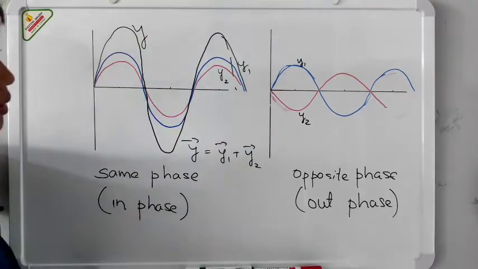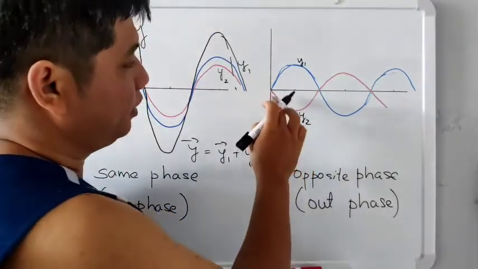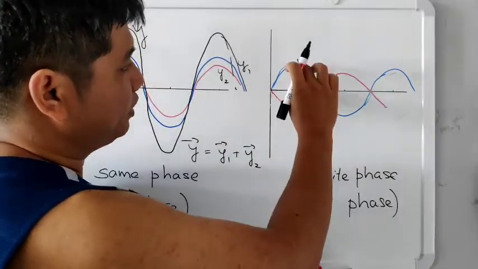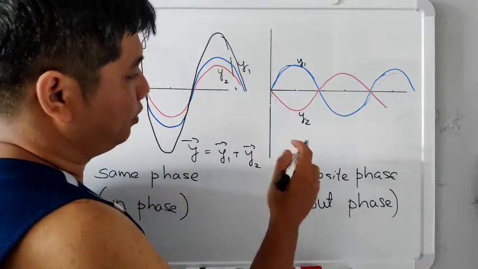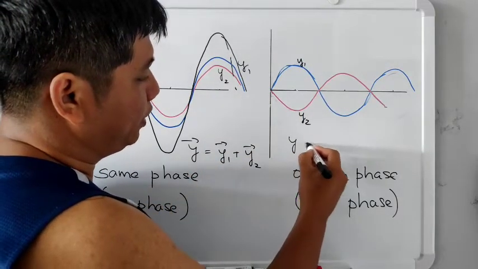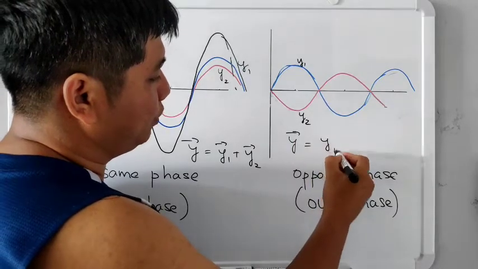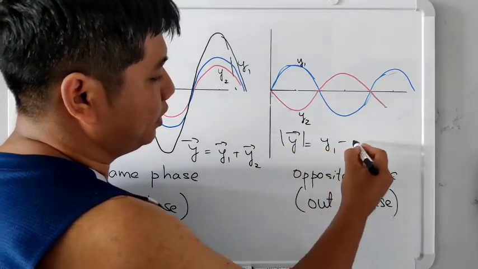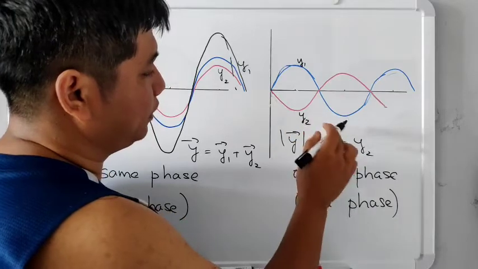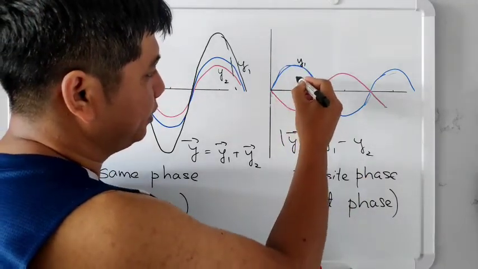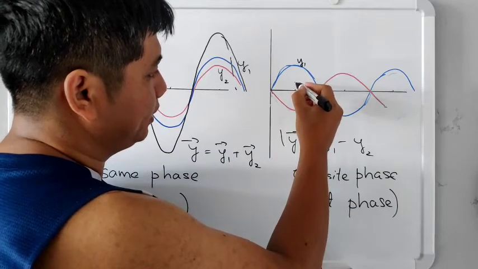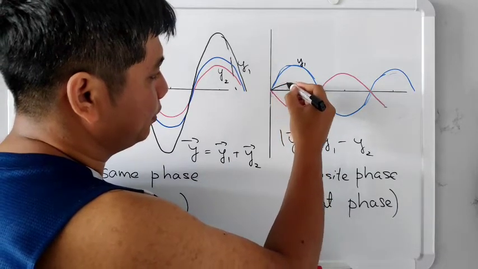It is y. And in this case, they are in the opposite phase. If this is 5 and this is 3, the resultant y will be y1 minus y2. They are in opposite phase. So 5 minus 3 will be 2. It will be like this, plus 2.